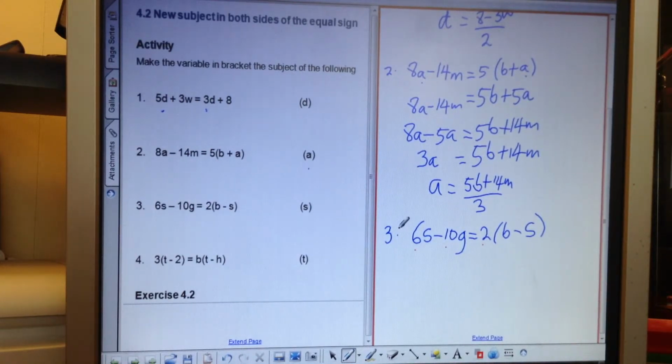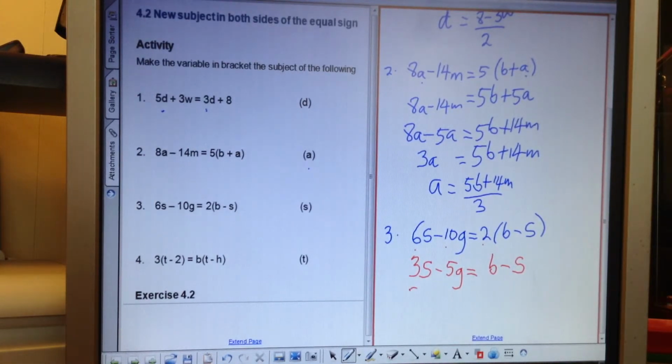So that tells me straight away that each term is a multiple of 2. So I can start by dividing through by 2. So if I divide through by 2, I'm going to get 3S minus 5G equals B minus S. So straight away my expressions have become simpler.